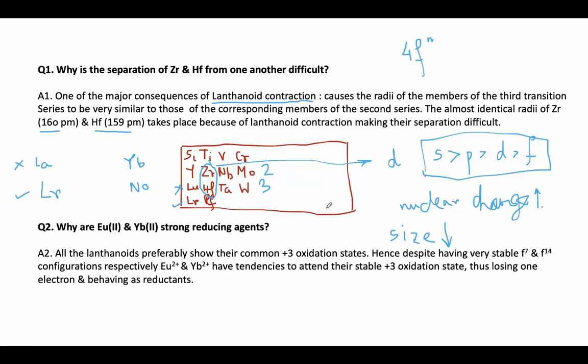So they are almost identical in nature. This is the reason why they occur together in nature. Zirconium and hafnium occur together in nature, and their separation is very, very difficult because they have similar chemical properties, because their sizes have become identical, though zirconium falls in the second transition series and hafnium falls in the third transition series.